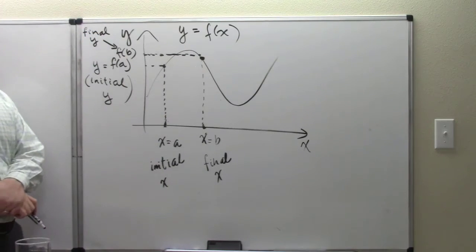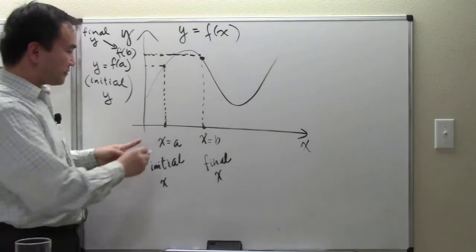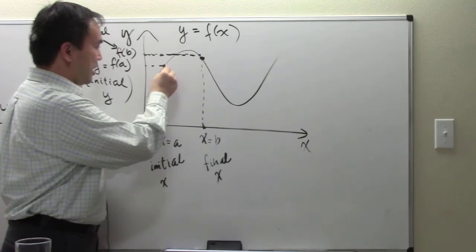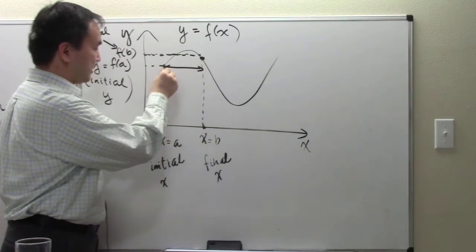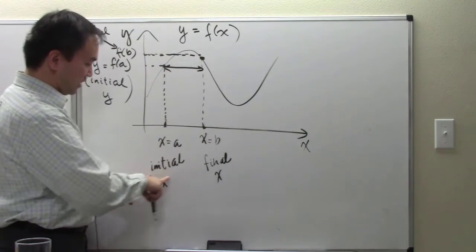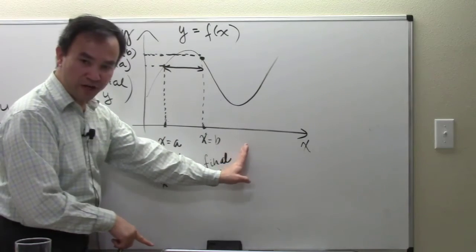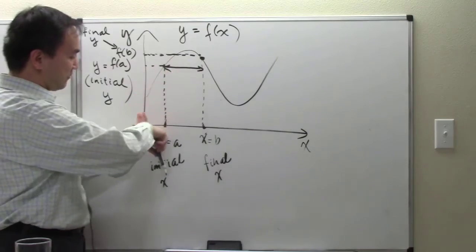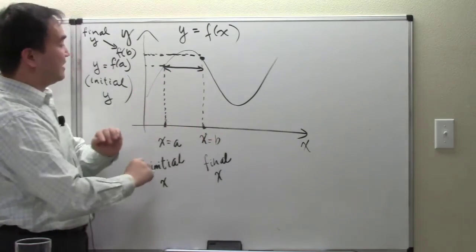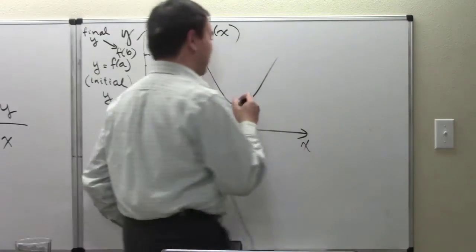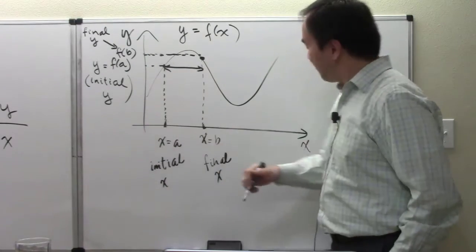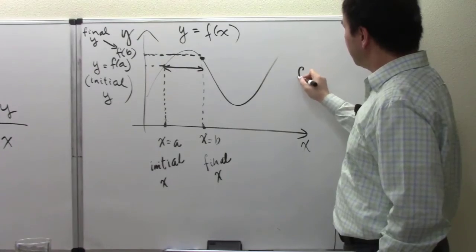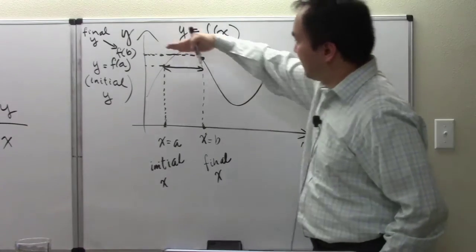From this point to the other point, there's a change. How much change in x? We can always subtract the initial x value from the final x value to find how far it is from x equals a to x equals b. Now generally, the rate of change of any function is the final y value minus the initial y value.